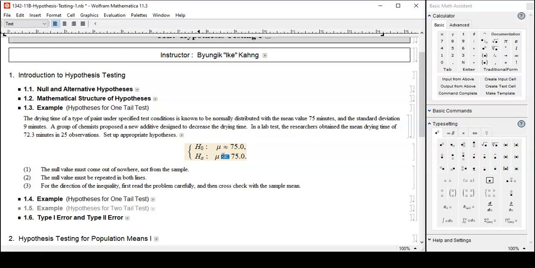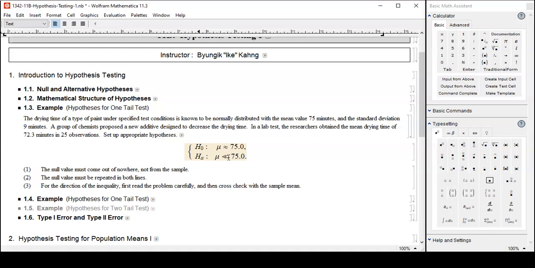That's indicator number 1. Now sometimes you didn't read carefully. Somehow you missed it, or the problem is too complicated. In that case, there's a second criterion to hold on to. That is the sample mean. If the sample mean is less, then it's got to be less, because if the sample mean turned out to be, say, 79 minutes, is there any motivation to do anything further? You have to have the same direction.